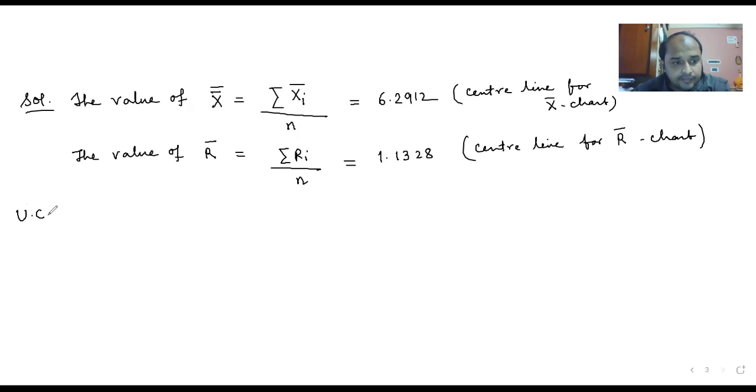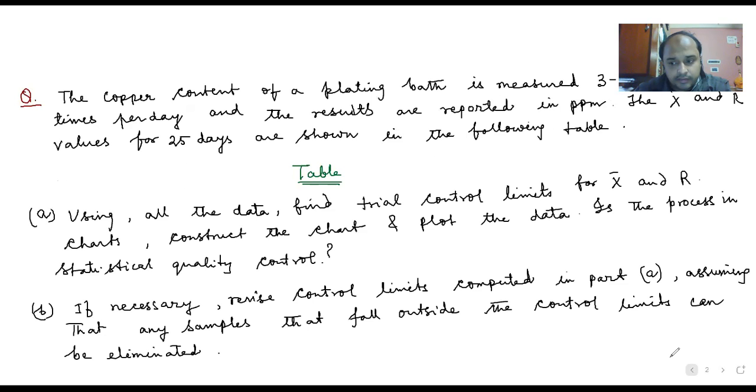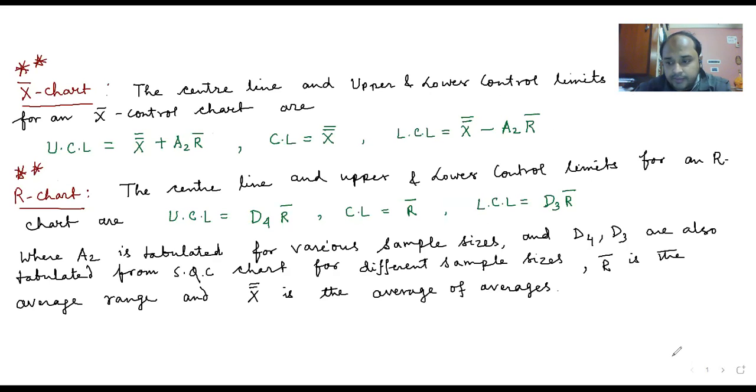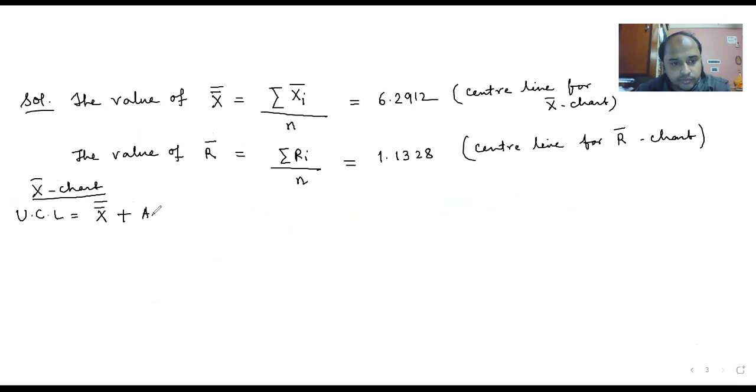Now UCL for the X bar chart is given as X bar plus A2 into R bar. So here you can put your values: 6.2912 plus A2 into R bar, which means 1.1328.